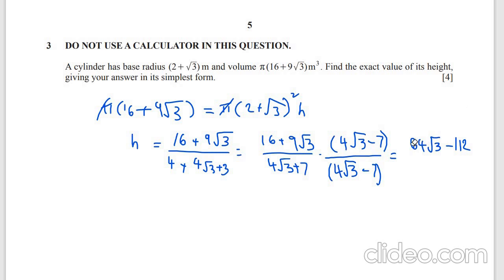Well, actually, I need more space, so I need to come down here and continue.